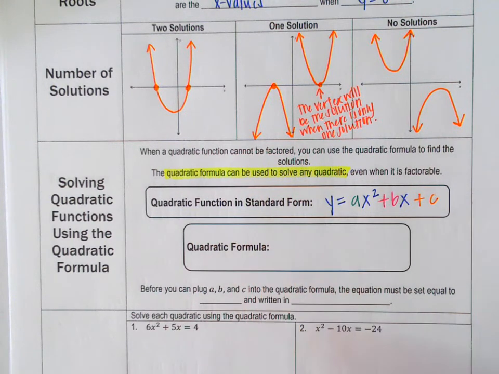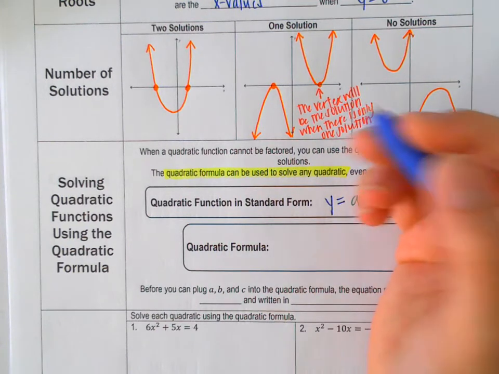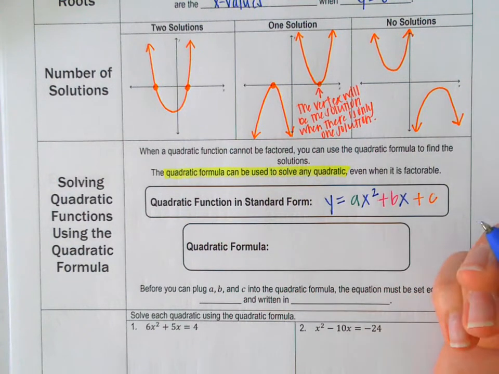So the quadratic formula, and in normal situations, I would say you need to have this memorized. In your other classes, you will need to have it memorized. We'll talk about different tricks so you can memorize it.